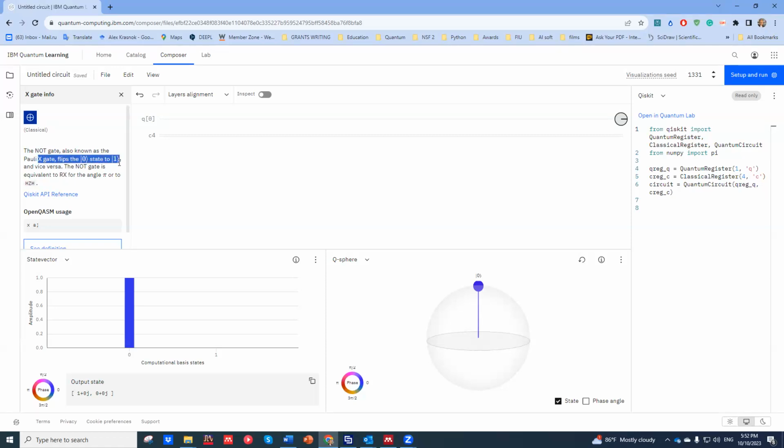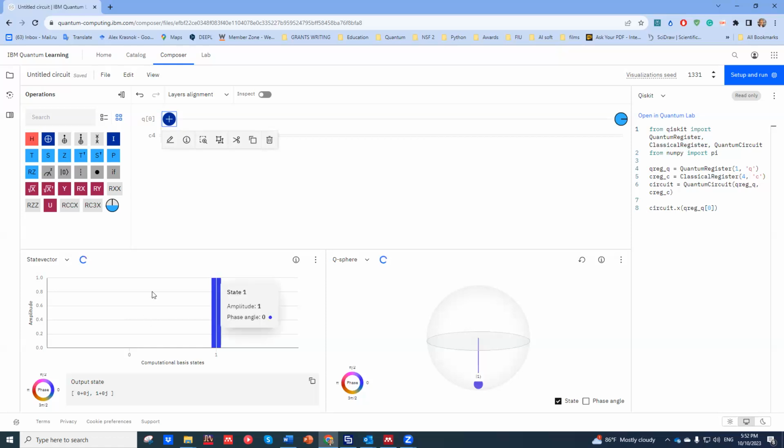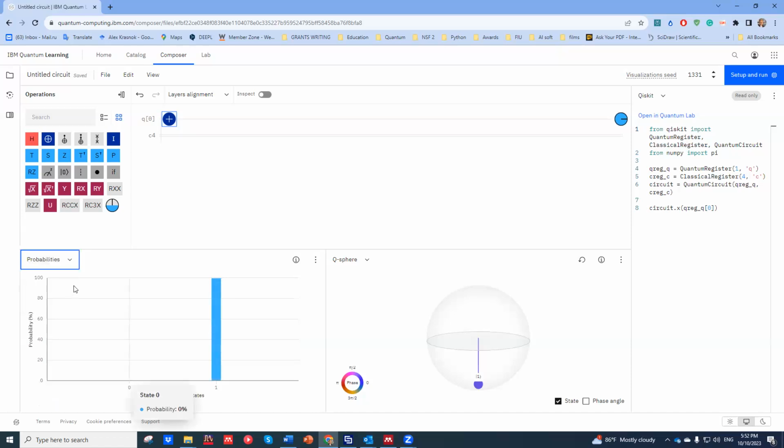It flips 0 to 1, 1 to 0, etc. So I start from 0 state, and I apply this gate, and it indeed flips my state from 0 to 1 in terms of state vector. And I can also see the probabilities in terms of measurement.